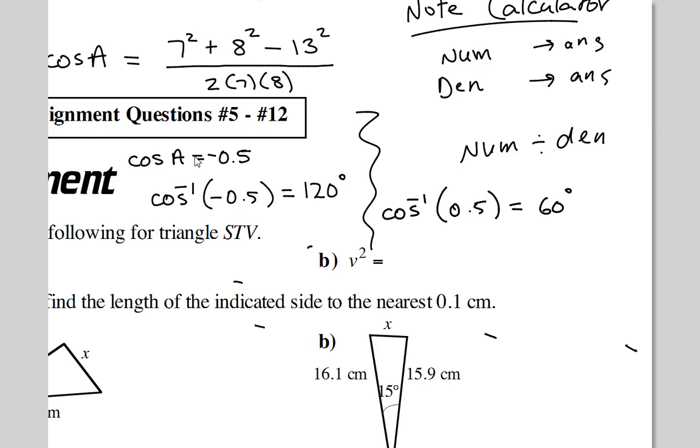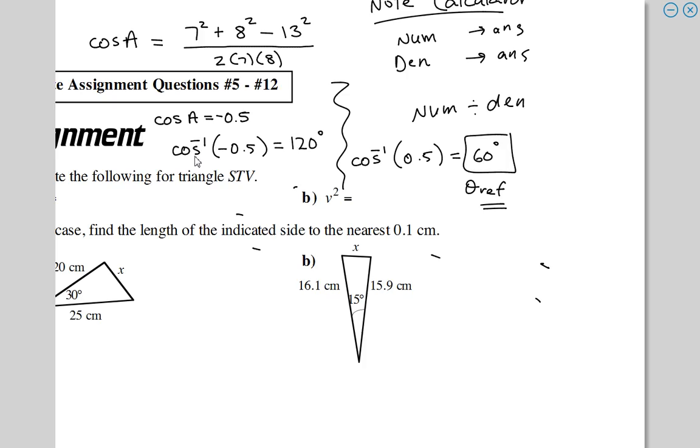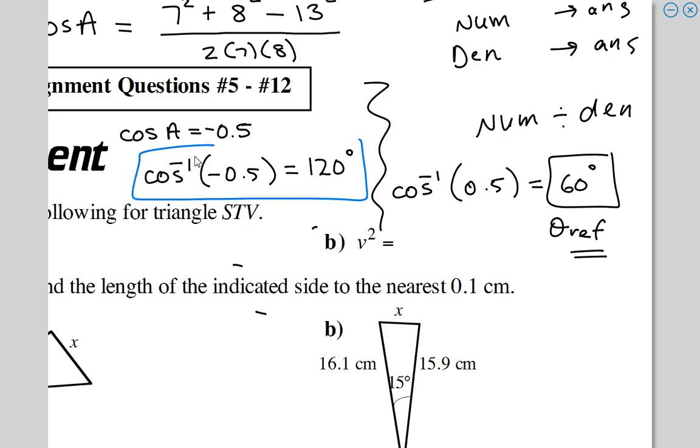Okay, so what is this? That is a reference angle, right? Theta reference. Okay. So I'm gonna just say go with this. Use the negative for cosine law, or else you're gonna get confused. Only for the cosine law, yeah.